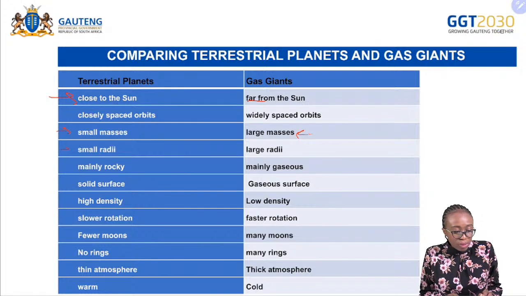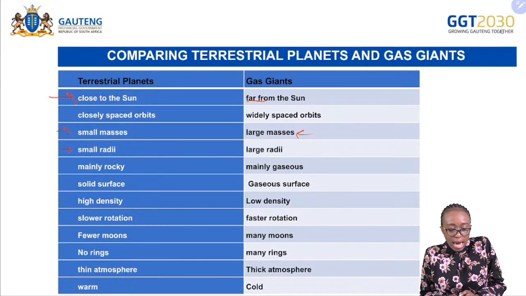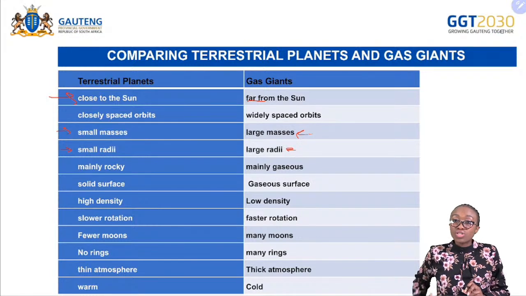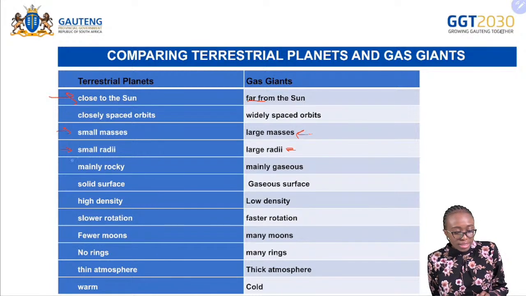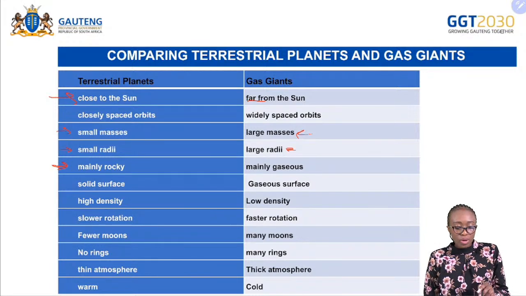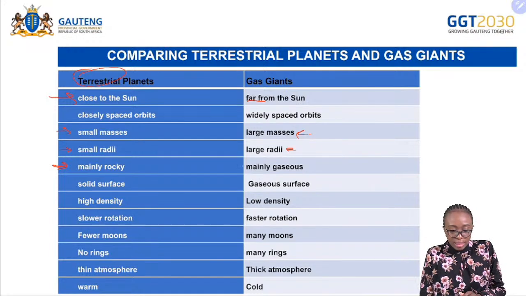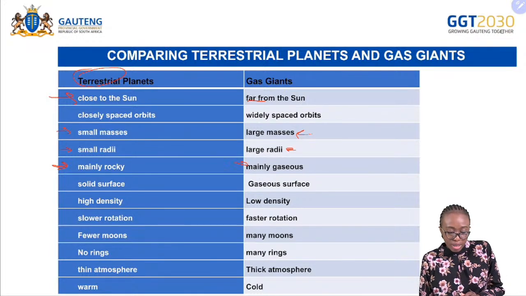The terrestrial planets have small radii, radii, remember from your mathematics, or radius, and the gas giants have large radii. The terrestrial planets are mainly rocky. That's why they have the name terrestrial planets, because of the rocks that make them up. And then the gas giants are mainly gaseous.